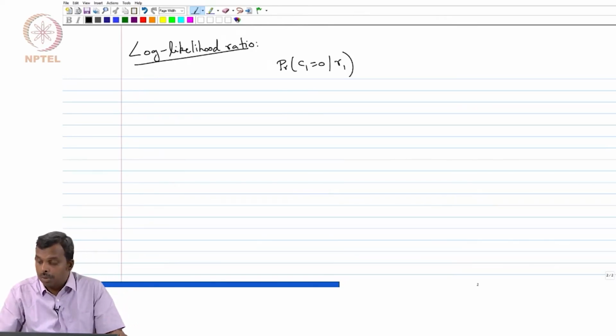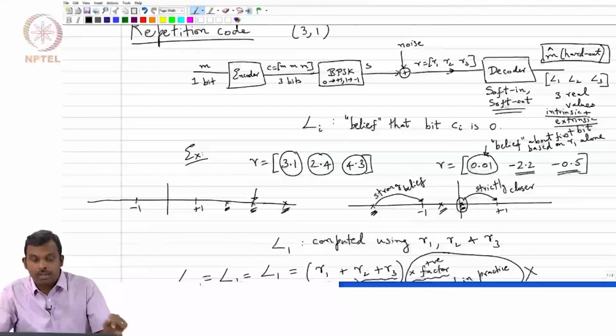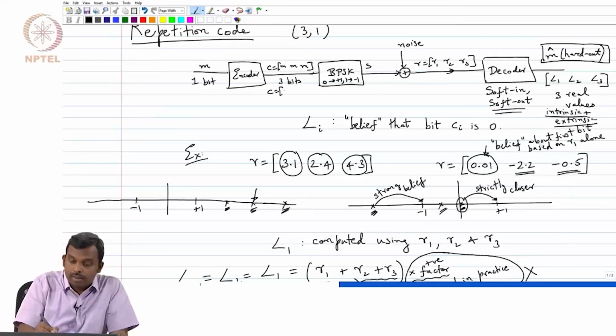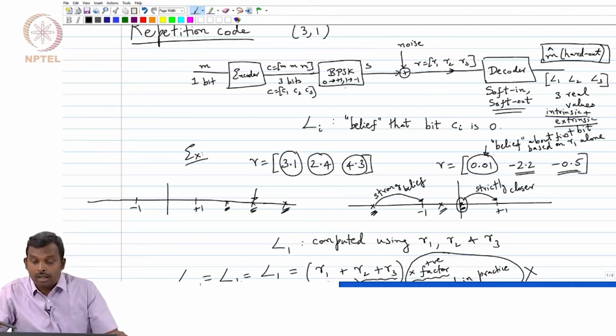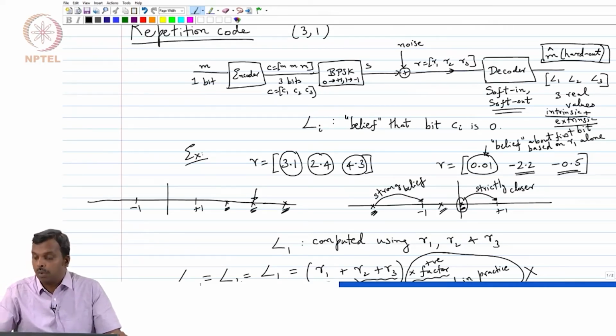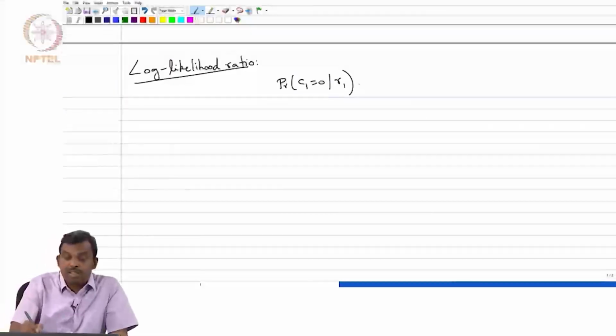Remember, what is the setting here? C is C1, C2, C3, the same 3 bits transmitted again and again. Now I want to look at R1 and ask, what is the probability that C1 was 0 given R1? For this you can do a little computation using Bayes rule.